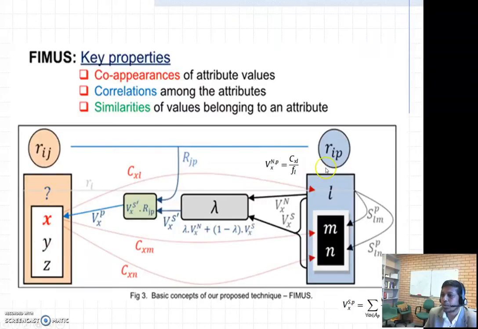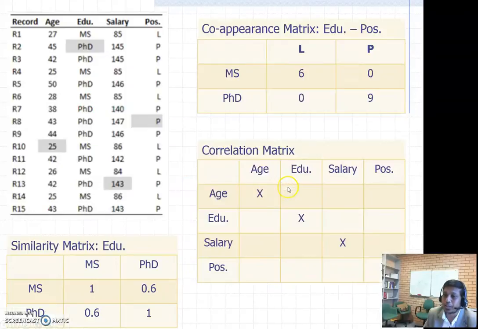How do we do that? We consider another attribute of the dataset, say for example P. So this is the ith record's Pth attribute, and say the value appearing in the Pth attribute is L. Then we can have a look at the coappearance value of X and L from our coappearance matrix.